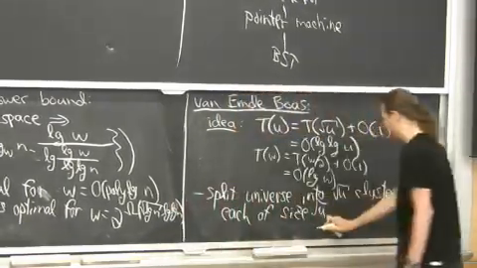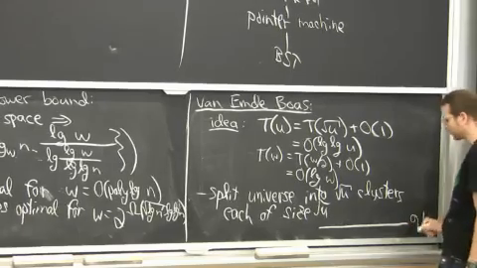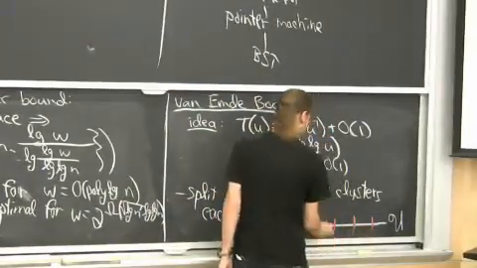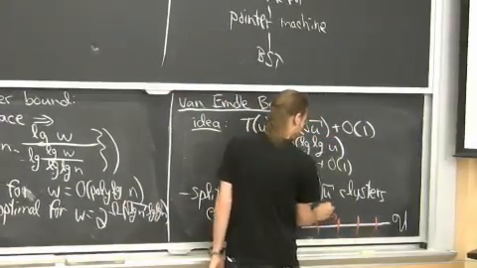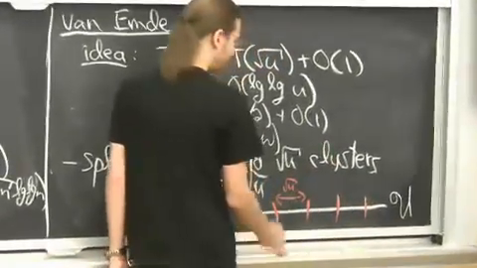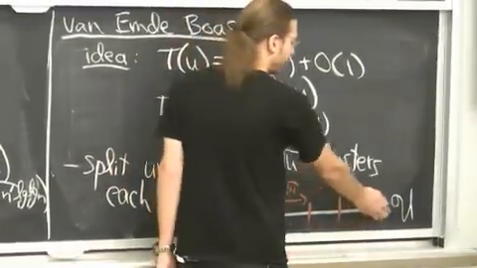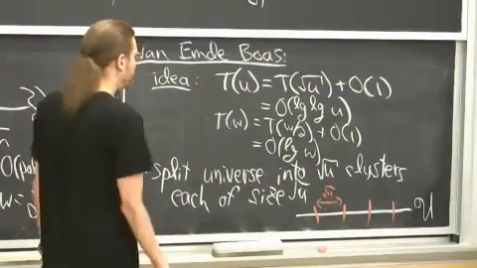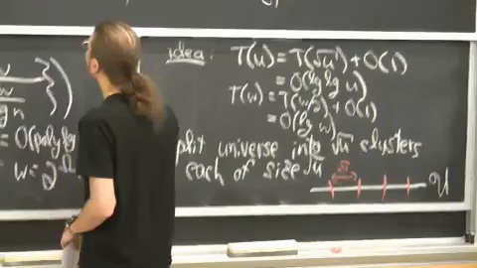Okay, so here's our universe, and I just split every square root of u items. So each of these is root u long. The number of them is square root of u. And then somehow I want to recurse on each of these clusters. And I only get to recurse in one of them. So pretty simple idea.